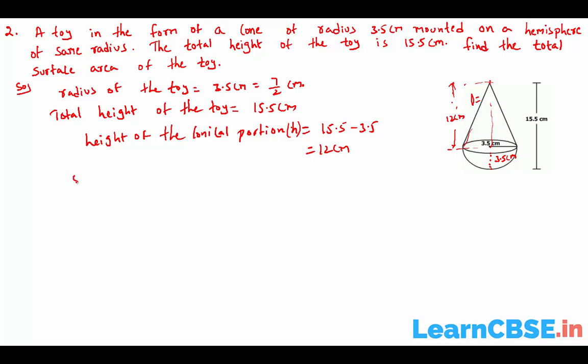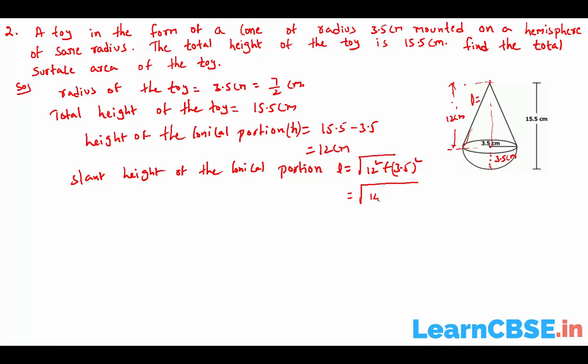Now the slant height of the conical portion L equals the square root of 12 square plus 3.5 whole square, that means under root of h square plus r square, that equals 144 plus 12.25.